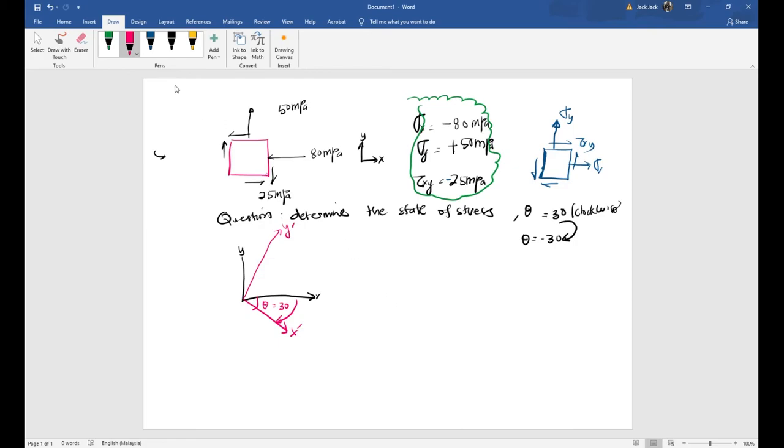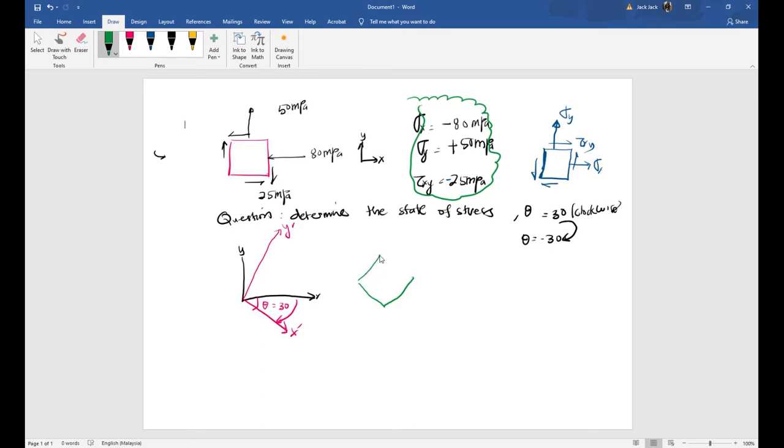Similarly, the element will also experience the rotation, so let's draw the element. This is the orientation of the element. Oops, sorry, where's my eraser? We need to draw carefully so that you will have a clear understanding of the stress transformation. So this is your element.